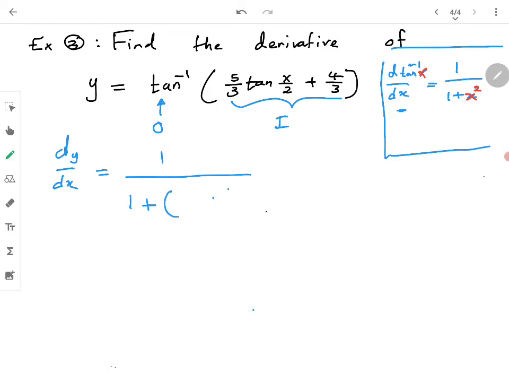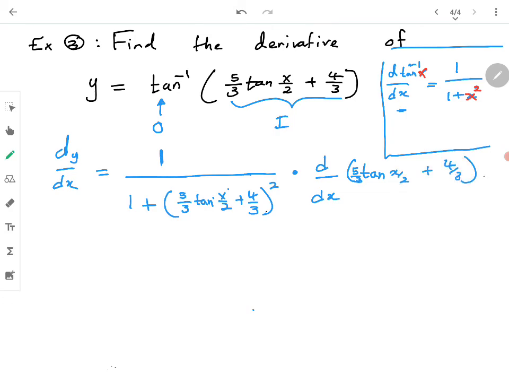Whatever's inside here, that's 5 over 3 tan of x over 2 plus 4 over 3, squared. So that's the derivative of the outer part, the tan inverse derivative, times the derivative of the inner function. The inner function is 5 over 3 tan of x over 2 plus 4 over 3.